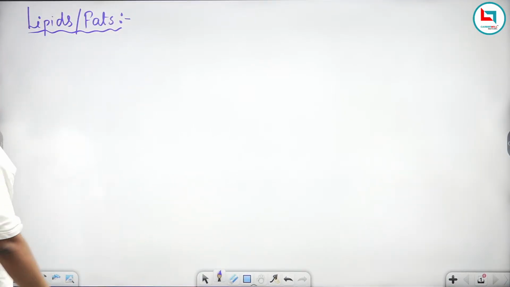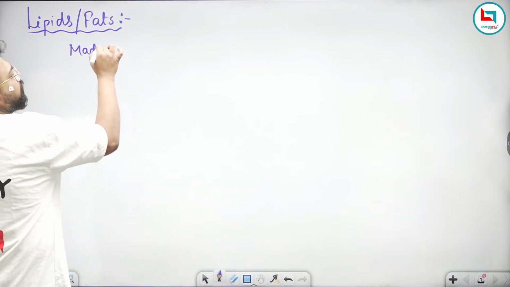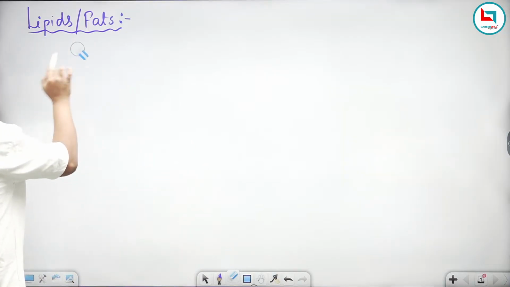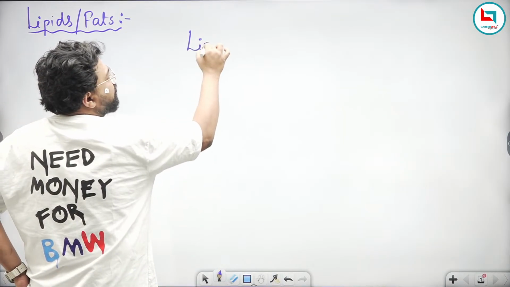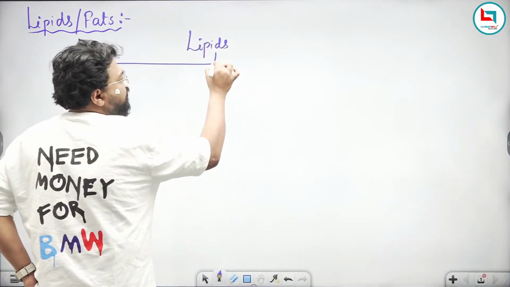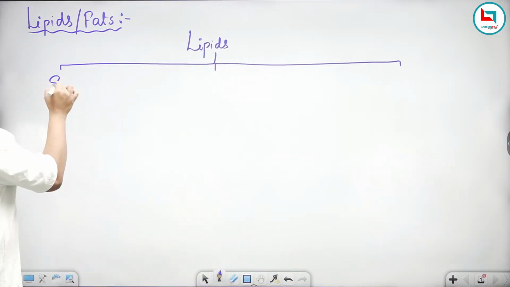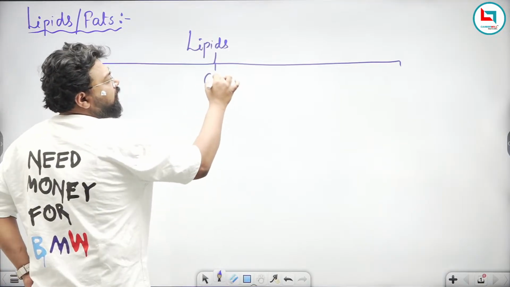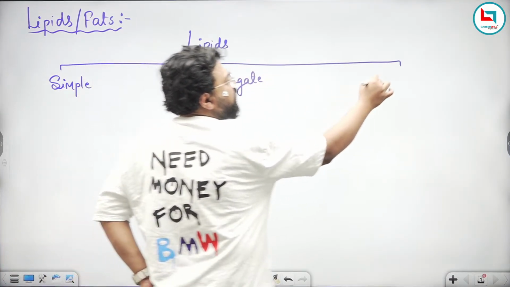So basically, if we talk about lipids, let's first see the classification of lipids. These are generally classified into three different types. One is simple lipids, another is conjugate lipid, and the third one is derived lipid.